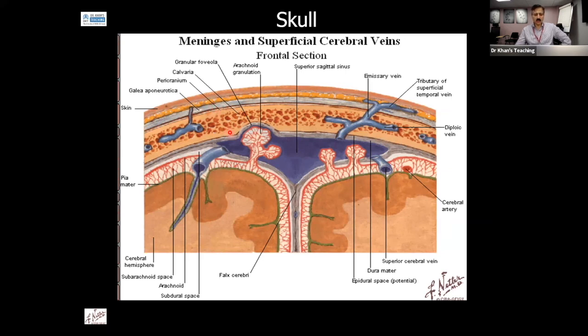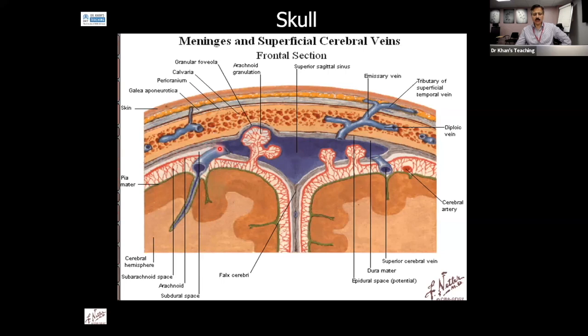Now coming back to anatomy, if we go deep to it, is the dural venous sinus. So the dura has got two layers, inner and outer, and the outer layer is adherent to the periosteum of the bone, and this is the other layer.